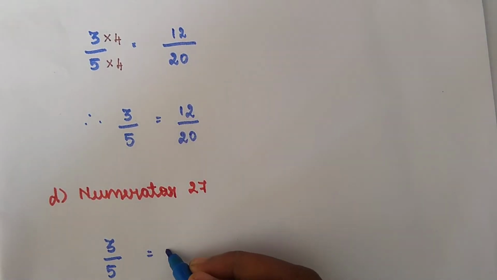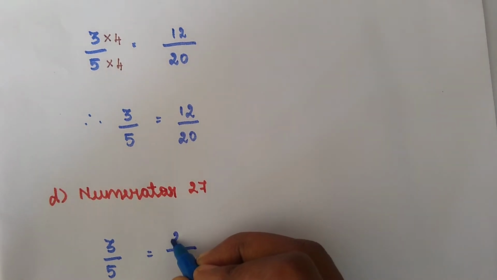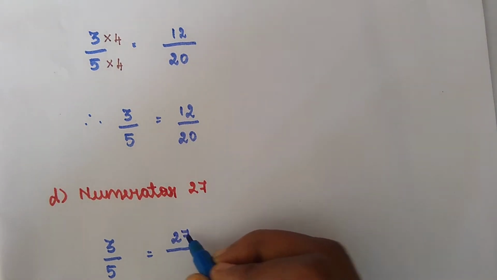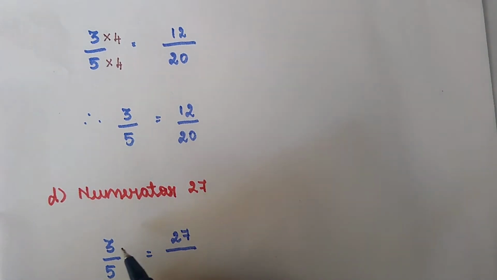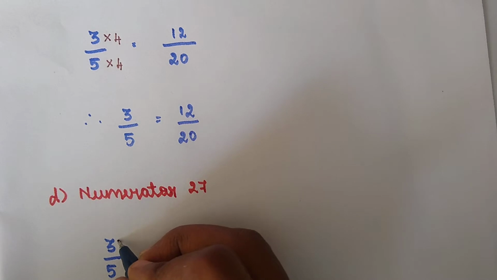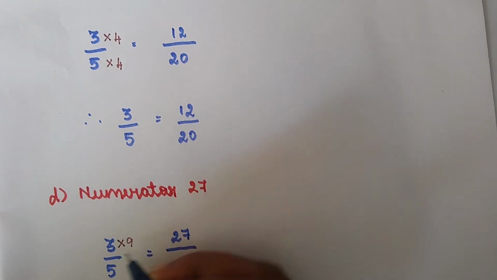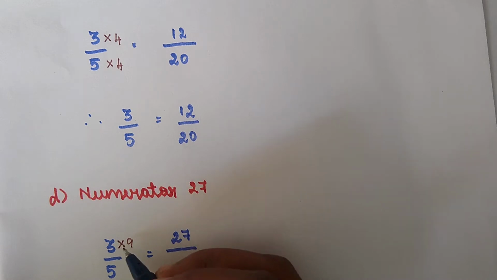Numerator. Numerator means above the line. Numerator is 27. We have to find the denominator of this sum. So which number do we have to multiply on both numerator and denominator? 9, because 9 3s are 27. So the numerator is multiplied by 9 and the denominator must also be multiplied by 9.